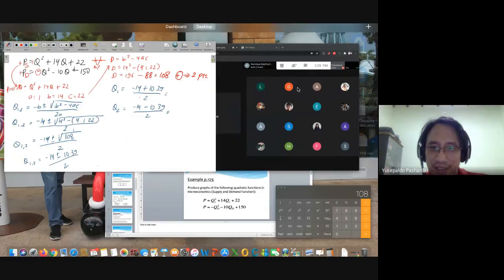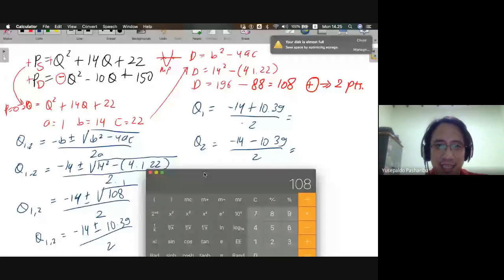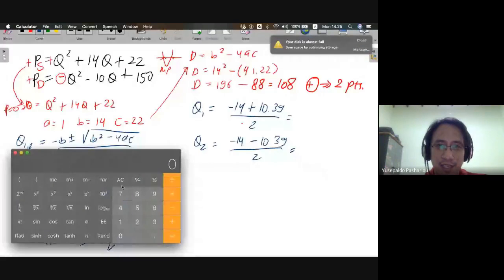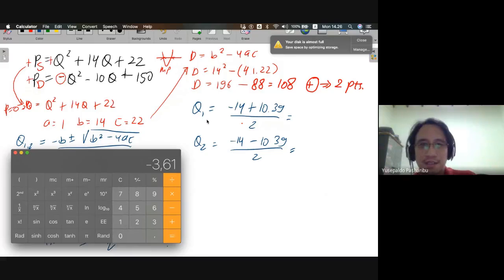So we can calculate it like this. Minus 14, or just type the root first and then minus 14, minus 3.61 divided by 2.